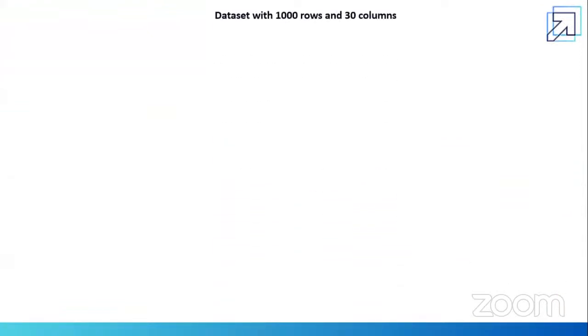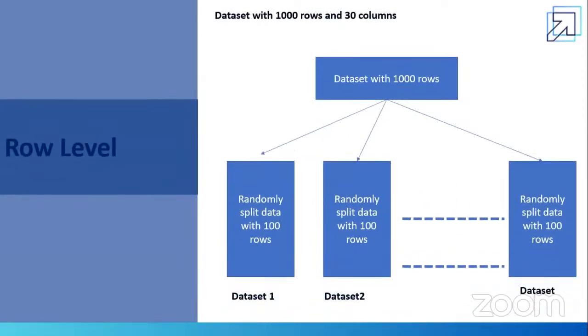So for example, if we have a data set with 1000 rows and 30 columns, we are splitting our data row wise, 100 rows, 100 rows, 100 rows, 100 rows. Then we will be having 10 different decision trees. So 10 into 100 is 1000.